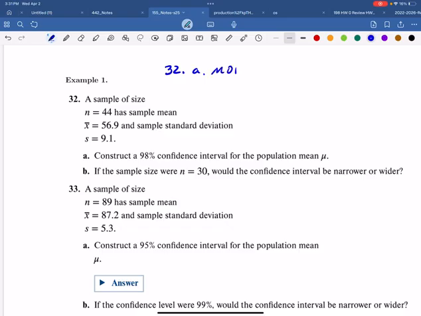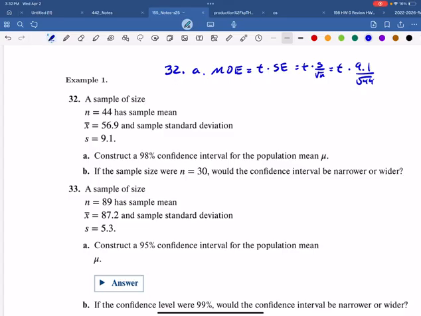So remember that the margin of error is going to equal, we just wrote it down, right? It's going to be t times the standard error, which is t times s over root n, which is t times, okay, I guess we're just given s, and we're given n. So all that's left to do is to find t.